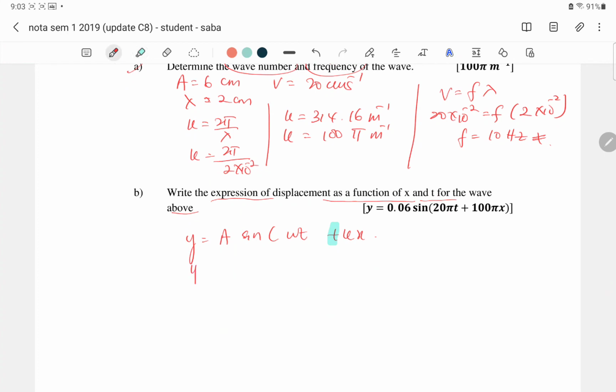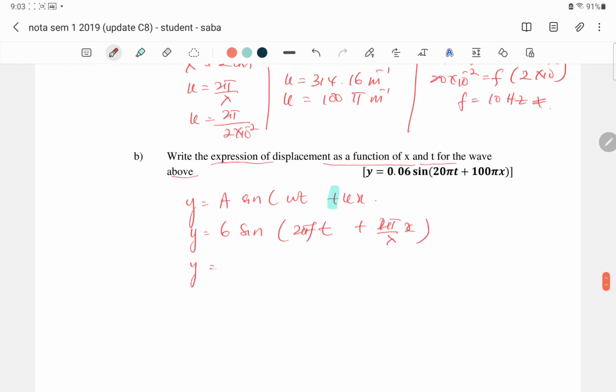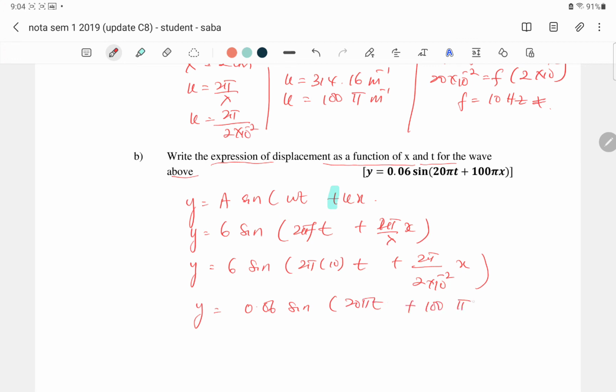So y equal to 6 sin(2πft + (2π/λ)x). 6 sin(2πft + 2π over 2 times 10 to the power of negative 2 x). So y equal to 0.06 sin(20πt + 100πx).